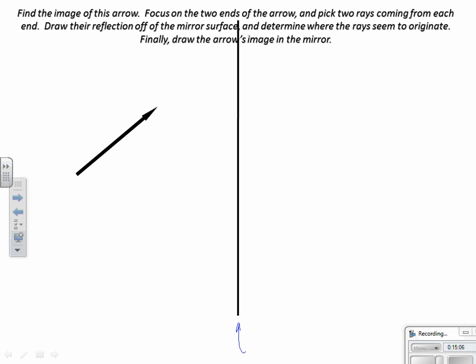You already have it. So here's how I would do it, right? Pick any old arbitrary ray from the top, draw it like that. It hits the mirror. All right, well, at what angle does it hit the mirror? Well, it's got to reflect at the same angle, right? There's the law of reflection. You actually have to do it twice for each end of the arrow. So here's any other old arbitrary angle or ray that comes off the tip, right?